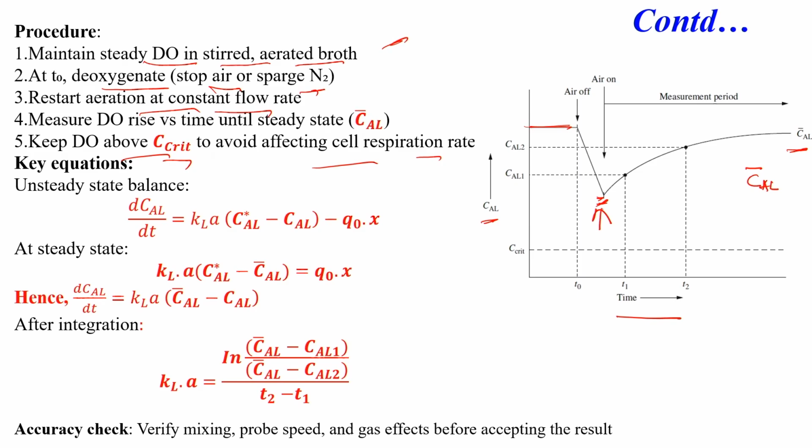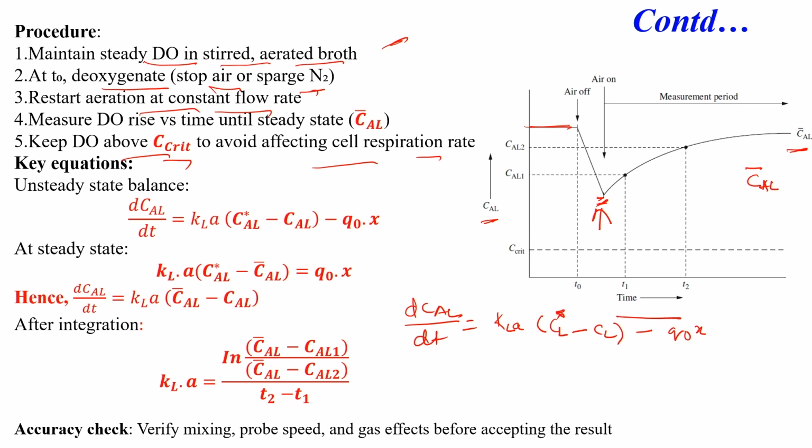Now, as this is unsteady state, dCAL upon dt equals KLA, the transfer rate, into CL star minus CL, minus the utilization rate Q naught into X.